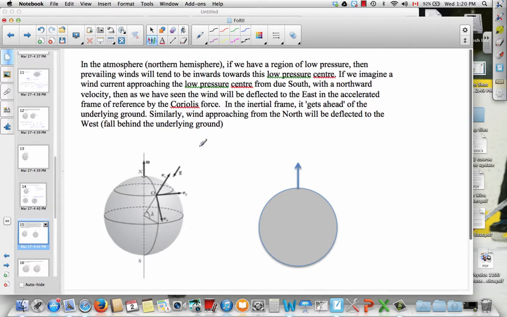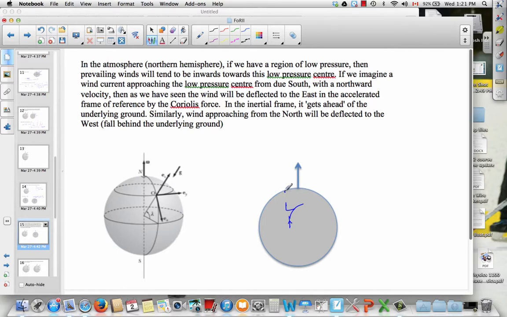Now, another example of that is in the northern hemisphere. If you have a region of low pressure, then the winds will flow inwards towards that region of low pressure. Well, if they flow in from the south, they're going to gain ground on that low pressure and be deflected to the right.